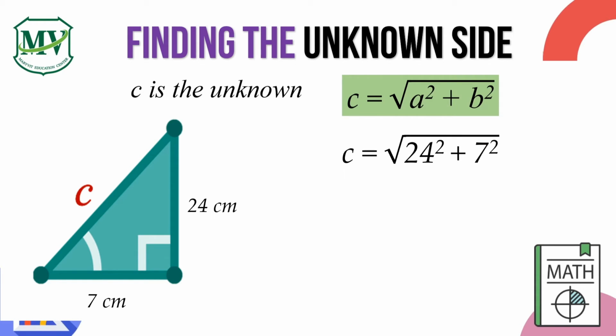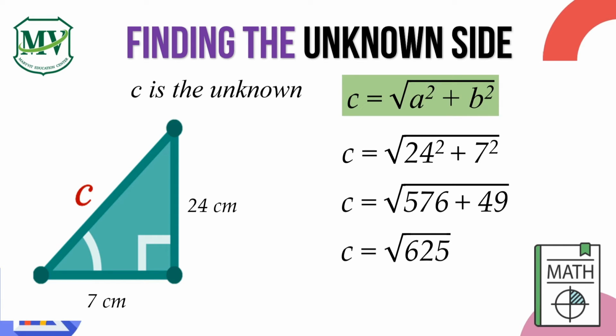So, 24 squared plus 7 squared equals 576 plus 49. 576 plus 49 equals 625. The square root of 625 equals 25, because 25 times 25 equals 625. So the answer to this problem is 25 centimeter.